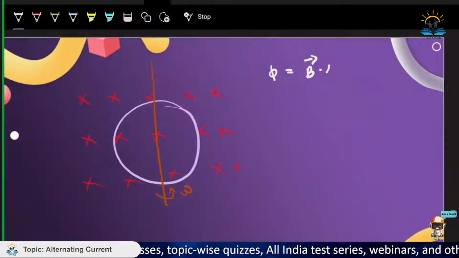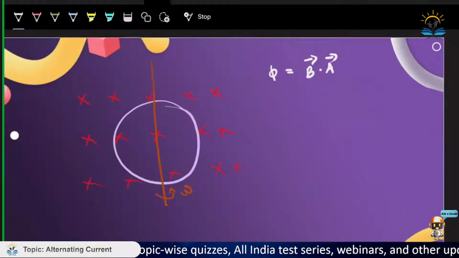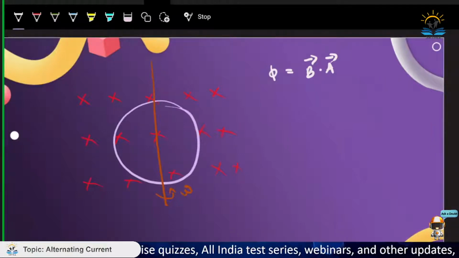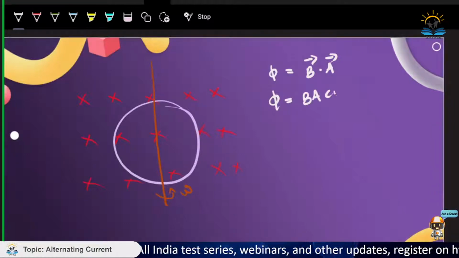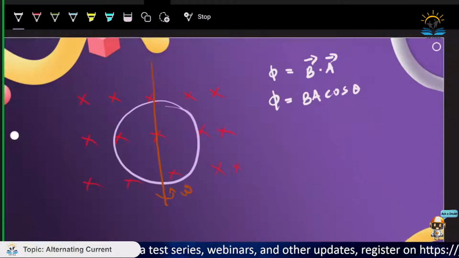We know that it is vector B dot A, so phi we can write like B A cos theta.